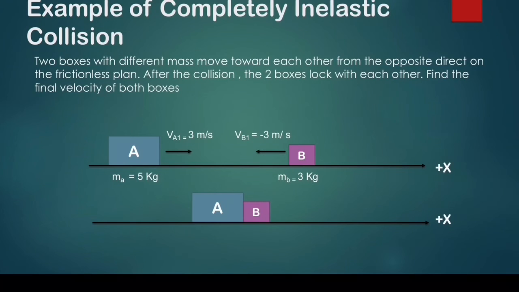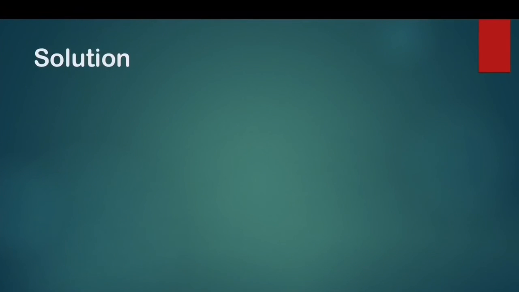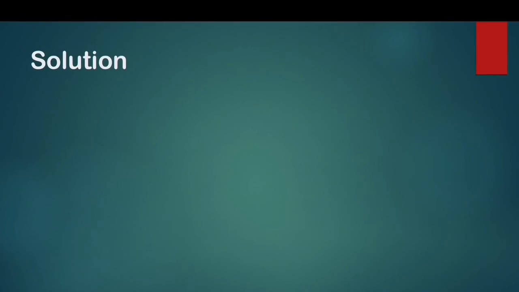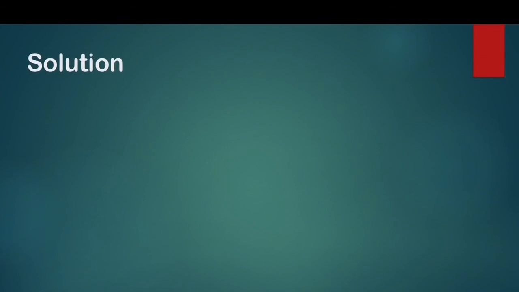So right now we're going to move to our solution part. The first thing we need to consider is that our collision is a completely inelastic collision, because the example told us that the two boxes lock with each other.